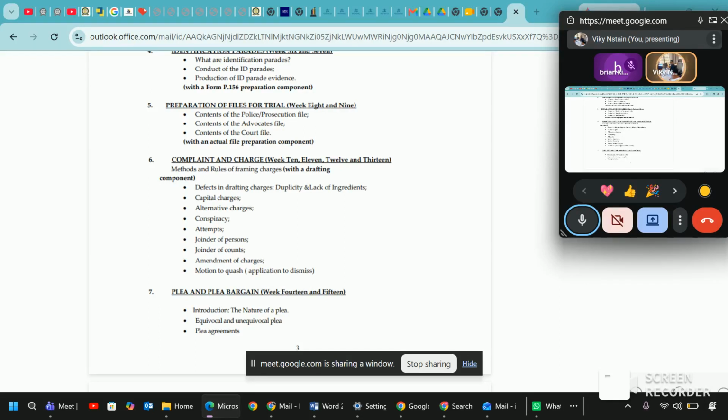Rewrite the particulars to track the various ingredients. Who is the actor? What is the date and time range? At what place did the offense happen? What is the prohibited act? Who was the victim? What was the thing? What is the required mental element of that situation? So we have covered various key elements when it comes to duplicity and lack of ingredients or particulars.